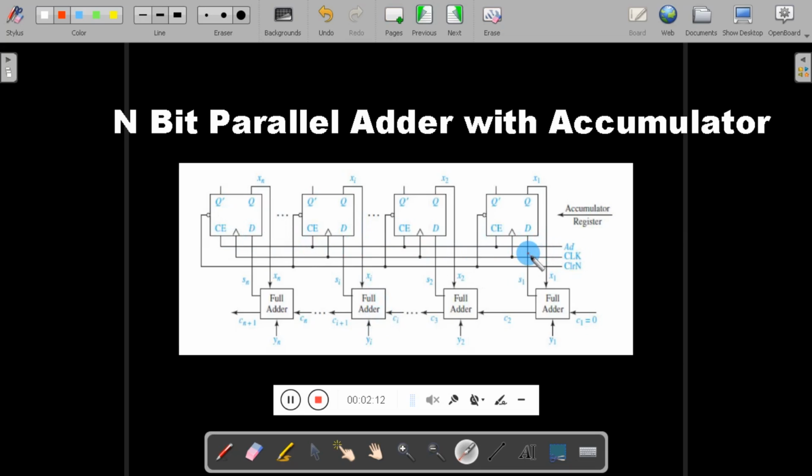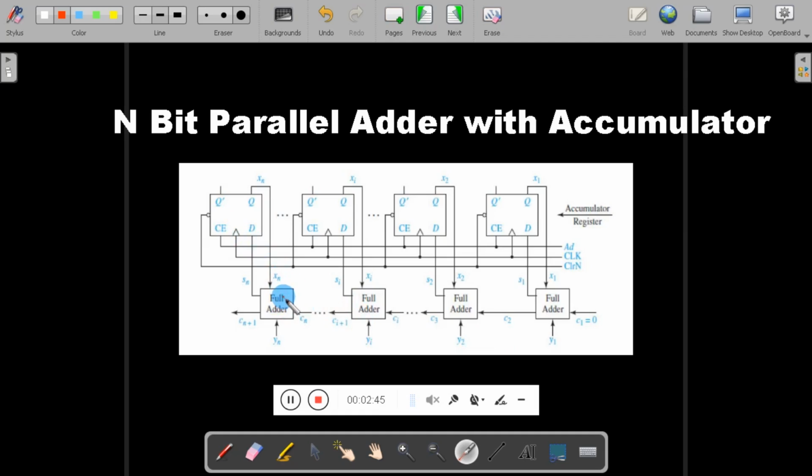So now, suppose that the numbers are x and y. x is stored in the accumulator, then the number y is applied to the full adder input. And after the carry has propagated through the adders, the sum of x and y appears at the adder output.